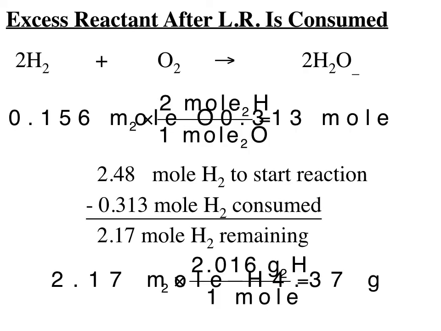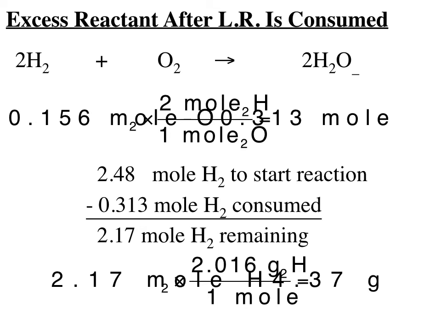Now that I have determined that O2 is the limiting reagent, in order to find out how much excess H2 was in the pot with that O2, I will use the moles of O2 that I have and see how much H2 it can use up. So I began with my 0.156 moles from the previous slide.